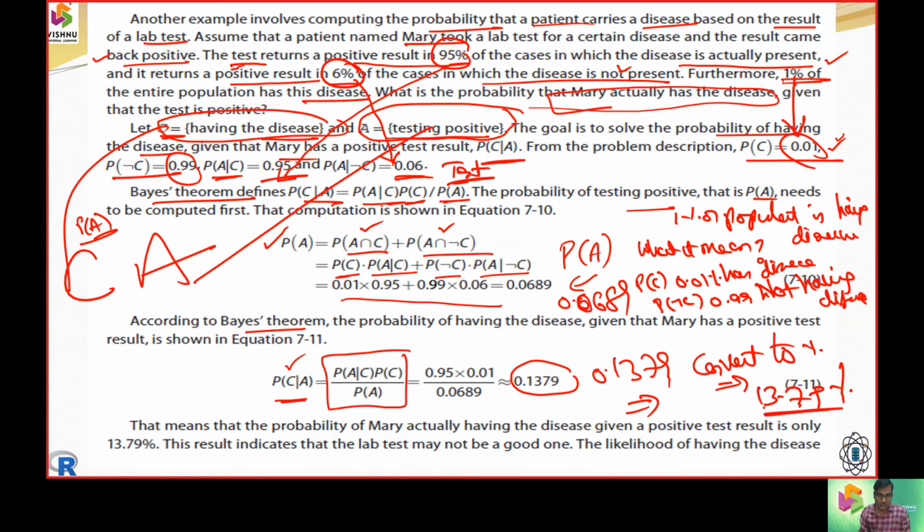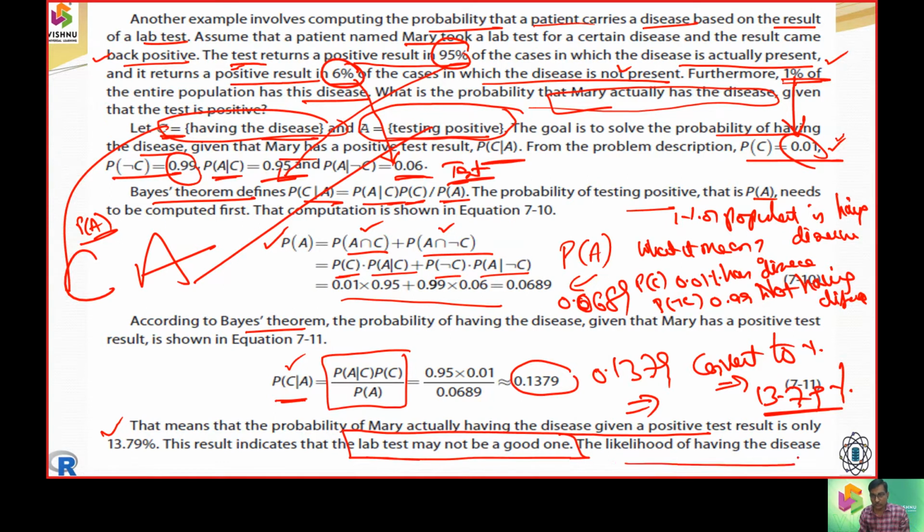So what is the answer? It means that Mary actually has the disease, given a positive test result, with a probability of only 13.79%, and the result indicates that the lab test may not be good.